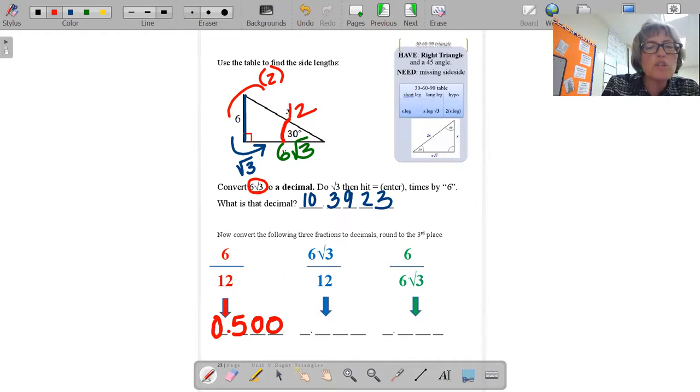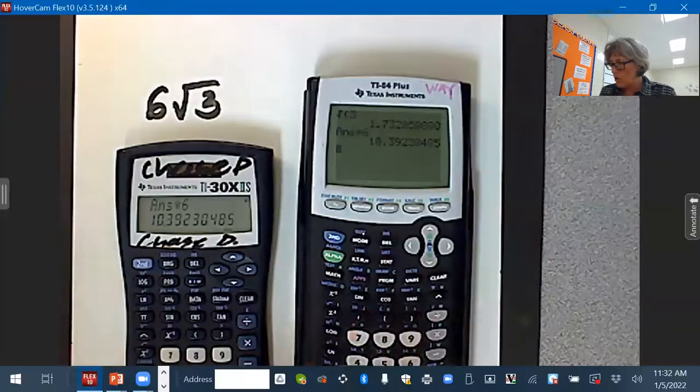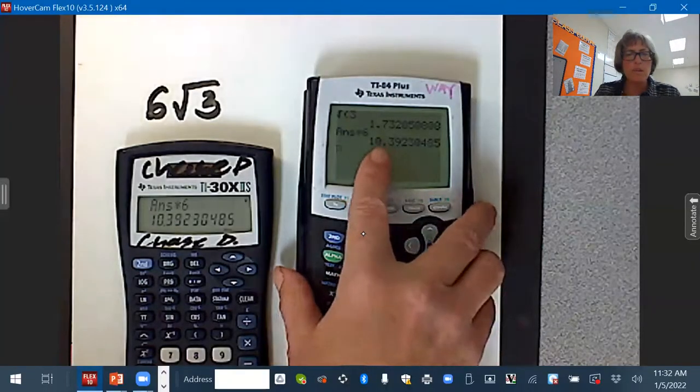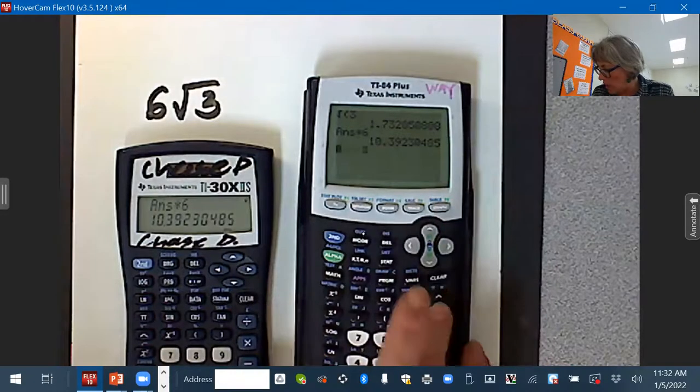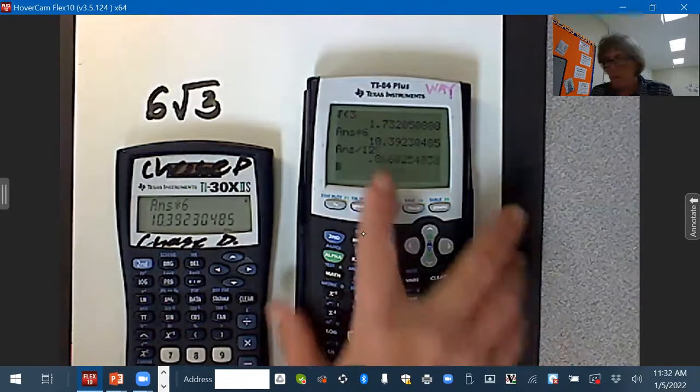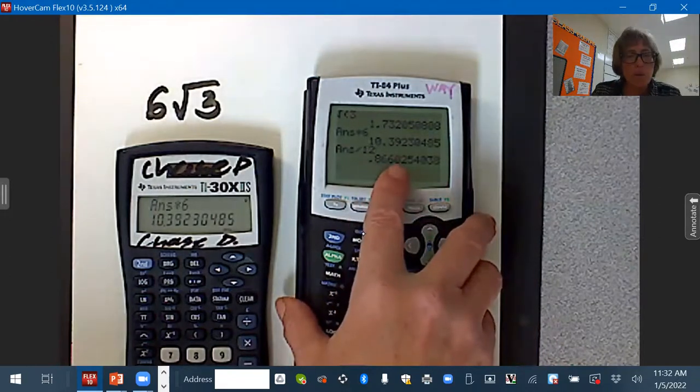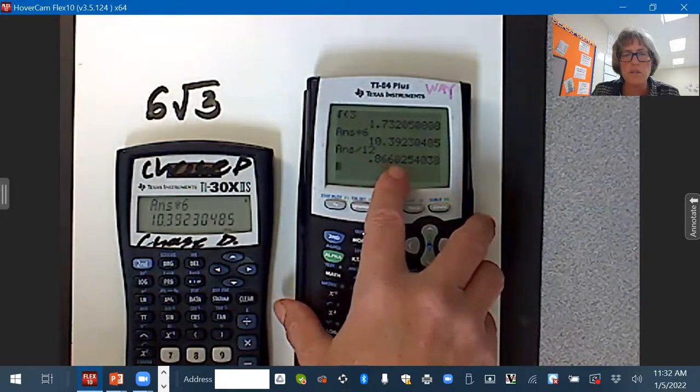Okay. 6 root 3 divided by 12, you can do this on a calculator. Remember, 6 root 3 is 10.3923. So on your calculators, we're doing 10.3923, and we're dividing by 12. That decimal, we take it to the 4th decimal place, 0.8660.